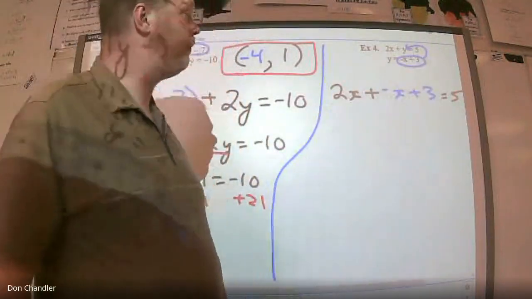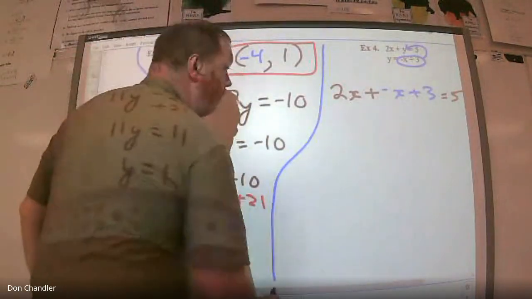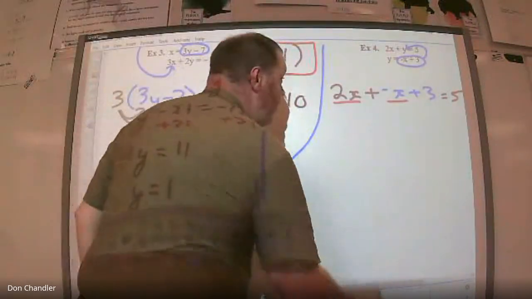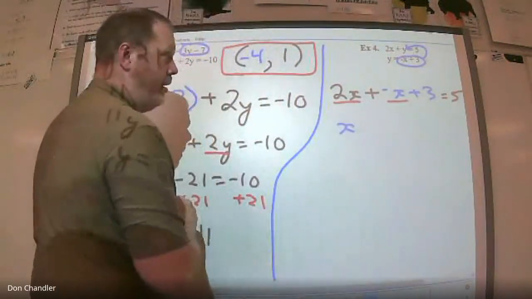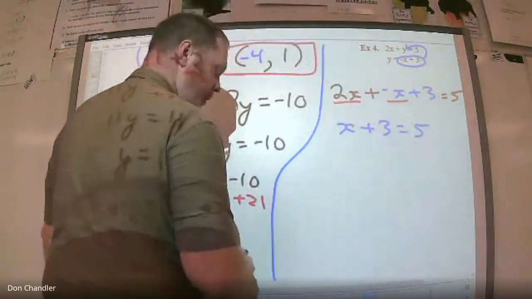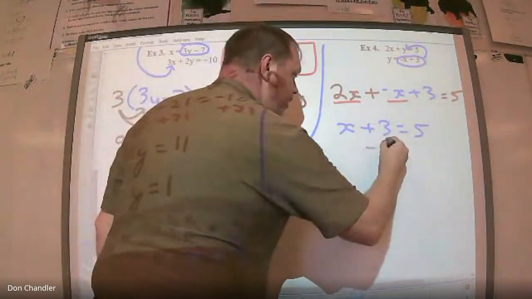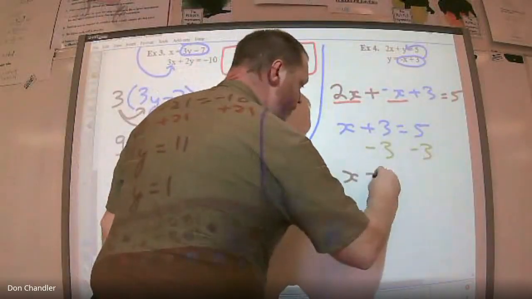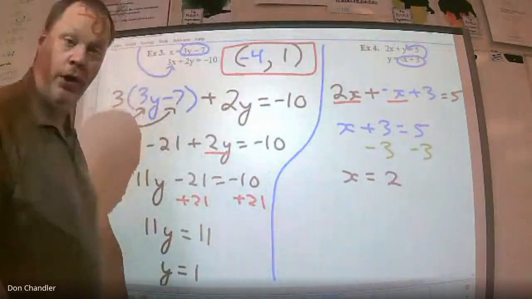equals 5. Well, combine some like terms. 2x's and the negative x is indeed a singular x. Plus 3 is equal to 5. To get rid of an adding 3 is to subtract 3. And I believe that my x is 2.